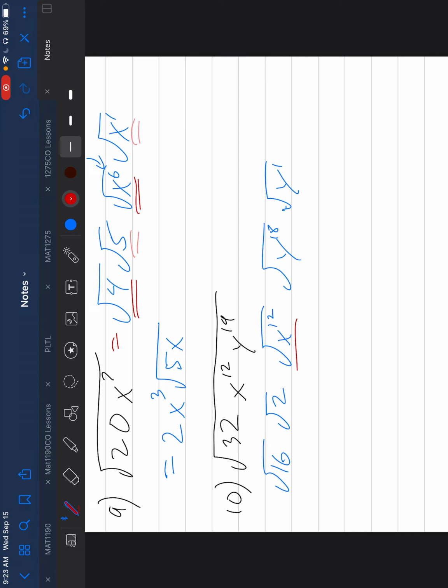Because x to the 12th is a perfect square. You only need to do this adjustment if the exponent is an odd number. If the exponent is even, you do not need to do that. It's a perfect square. Do not fix it. Just take the square root. 4 x to the 6th, y to the 9th, radical 2y.